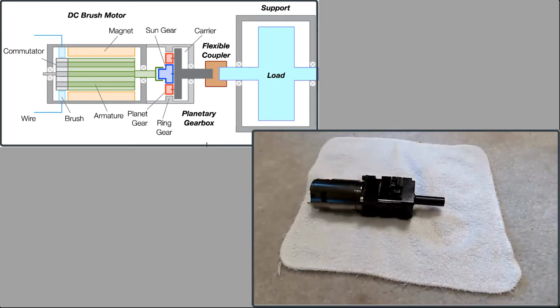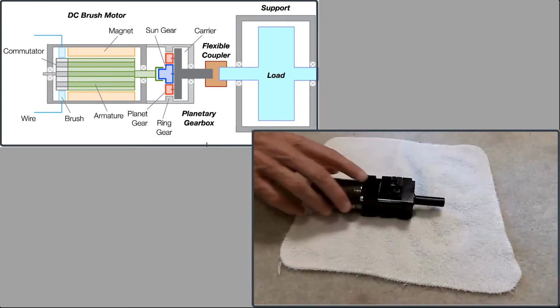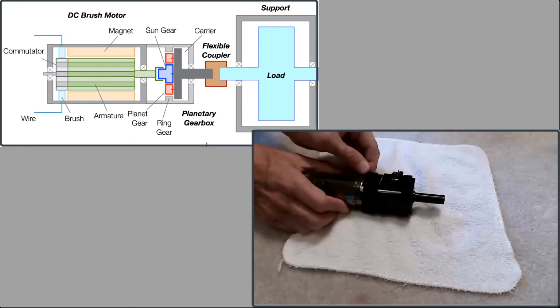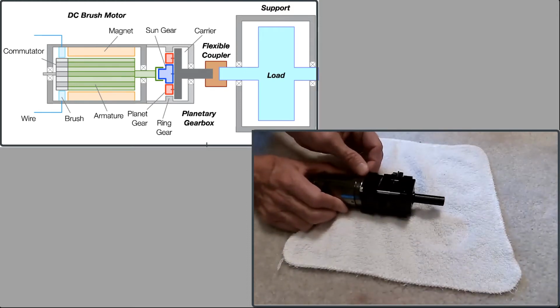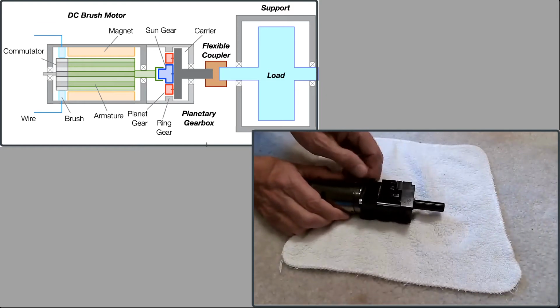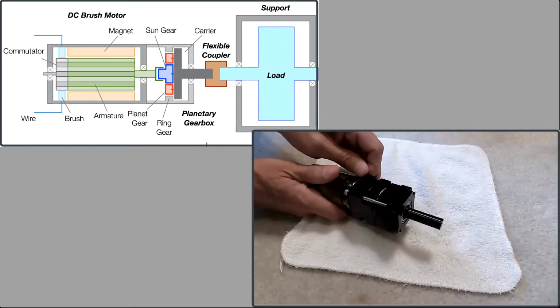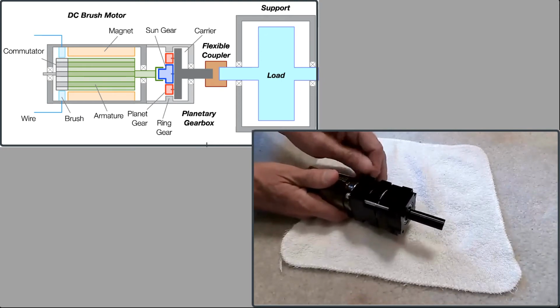Ta-da! Okay, so we have a smaller motor here and a gear head. This is a planetary gear head. It's about a 3-to-1 gear ratio, and we are going to tear into it a little bit. So the first thing I'll do is just get the gear head off the motor, and then we will take the gear head apart just a little bit.